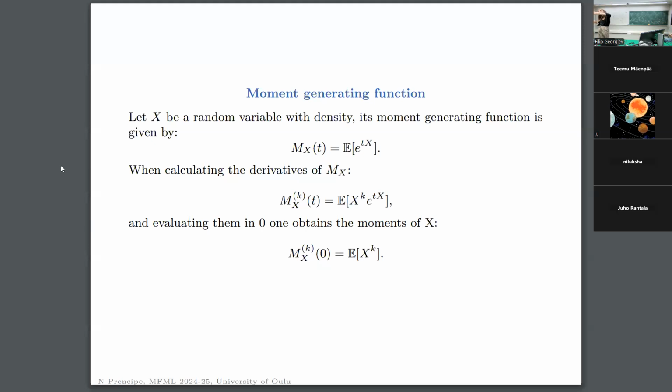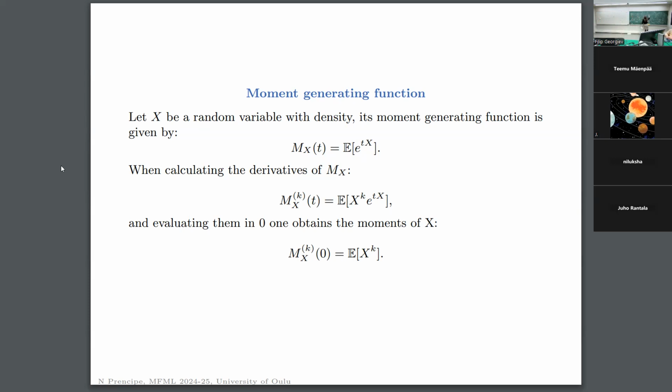If I do two derivatives, I will obtain the second moment. So if I do k derivatives and evaluate that in 0, I will obtain the kth moment. So it is an easy way, skipping the integrals and kind of hiding them, to obtain the moments. Why is it possible? I'm hiding something here, but yeah.